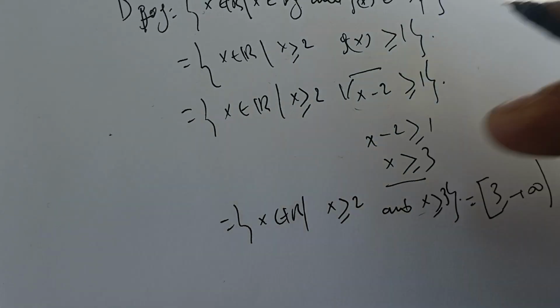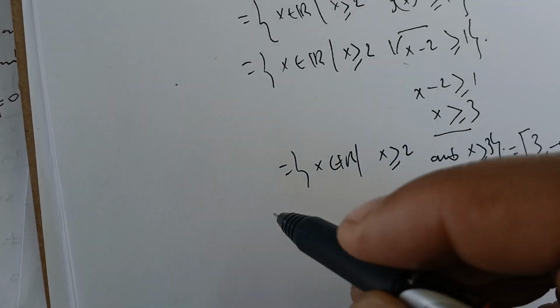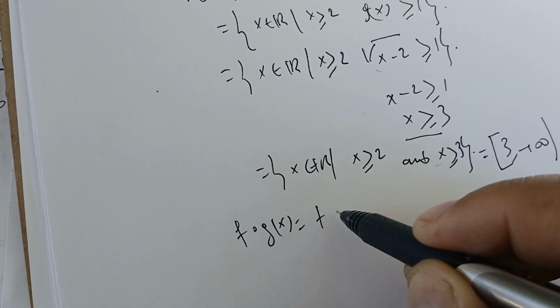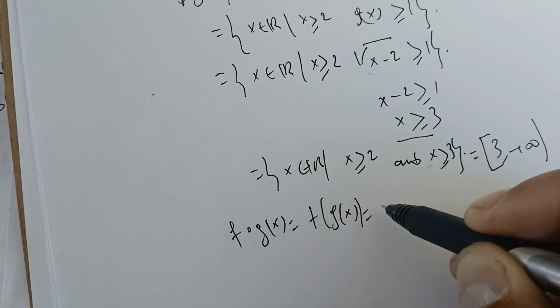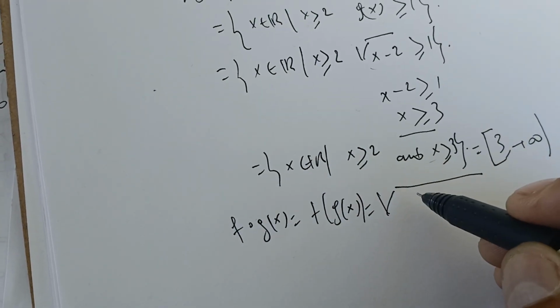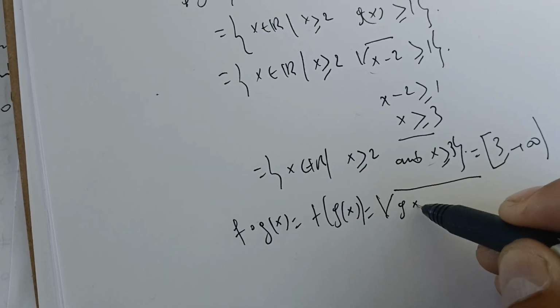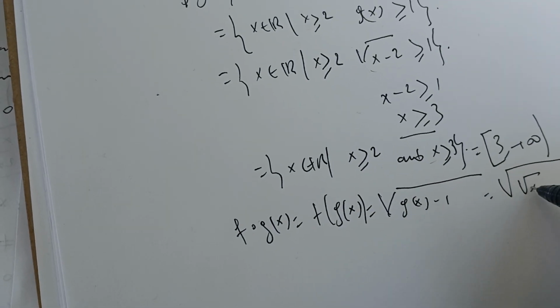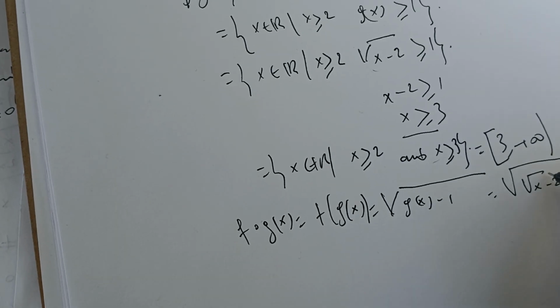So now we can compose. Now we can get the expressions. So we have f circle g of x is f of g of x. So it's the square root of g of x minus 1, which is the square root of the square root of x minus 2, minus 1.